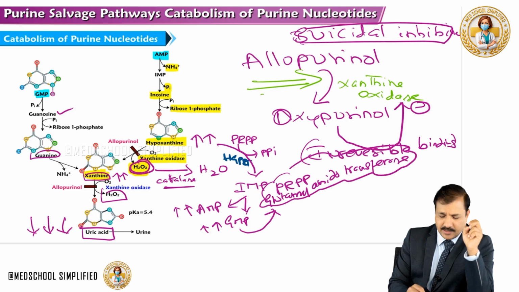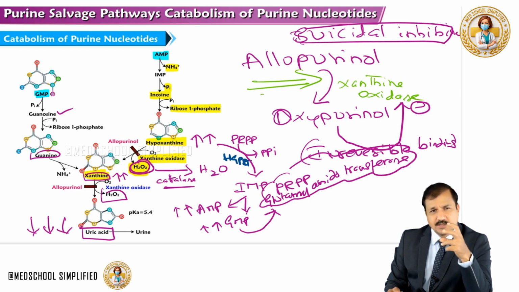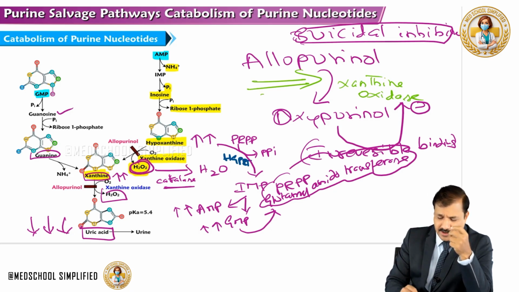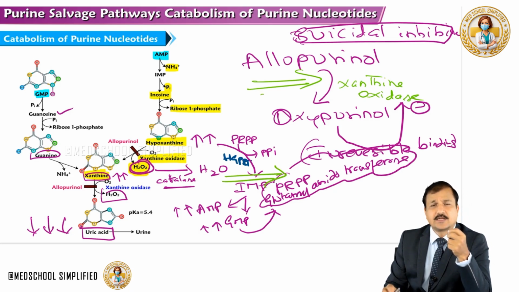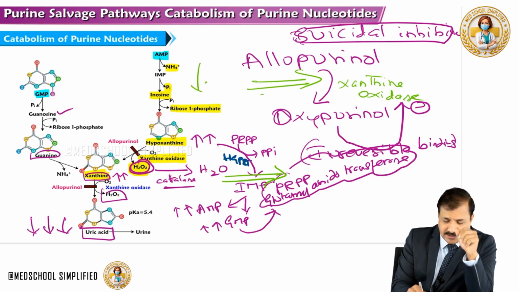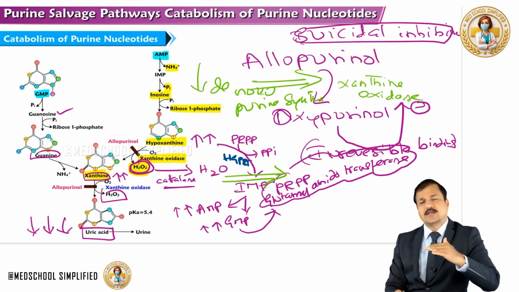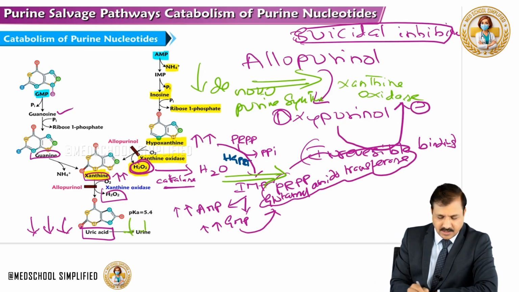And allopurinol diverts the elevated hypoxanthine towards the HGPRT reaction making IMP, thereby increasing AMP and GMP, and those AMP and GMP will have an inhibitory effect on PRPP glutamyl amidotransferase, which is the most regulated and rate limiting enzyme in de novo purine biosynthesis. So overall there is a decrease in de novo purine synthesis, and this is how purines are decreased, thereby uric acid levels are decreased.